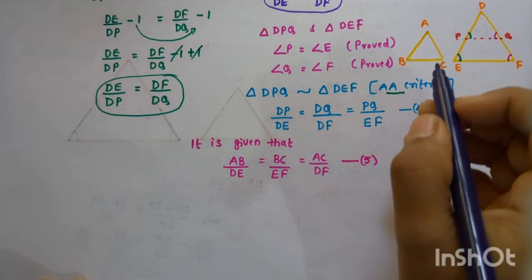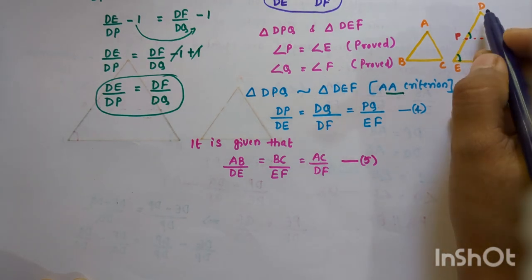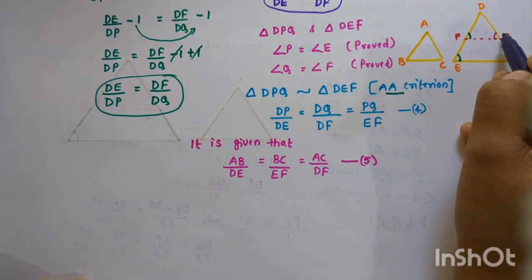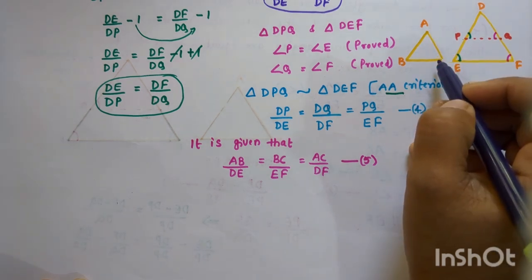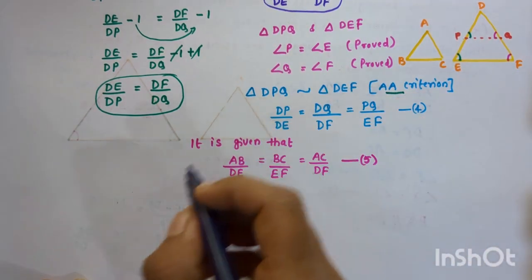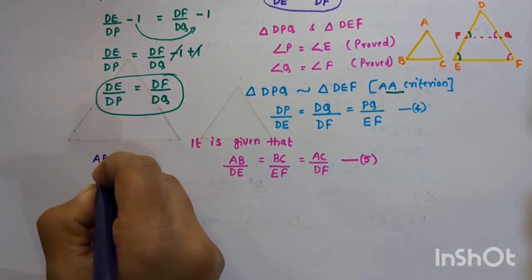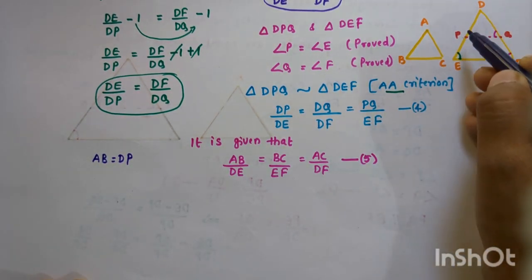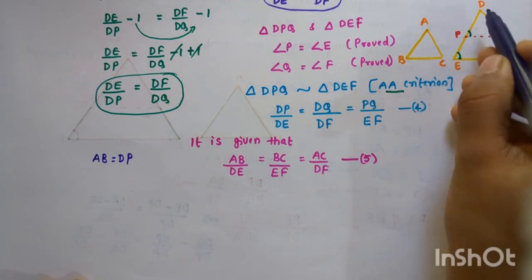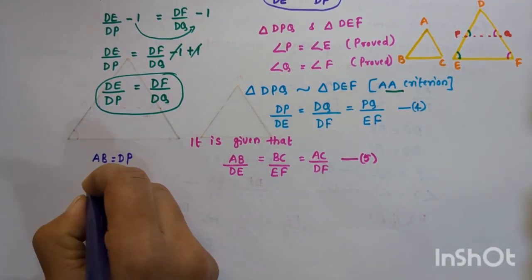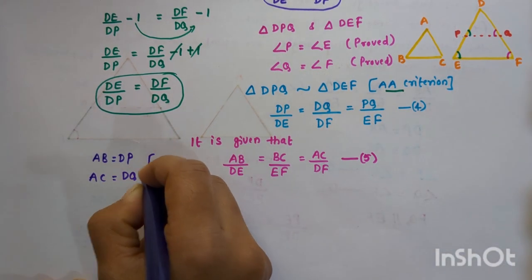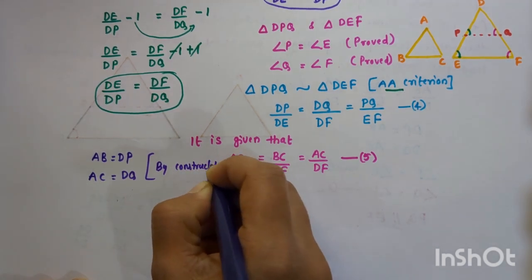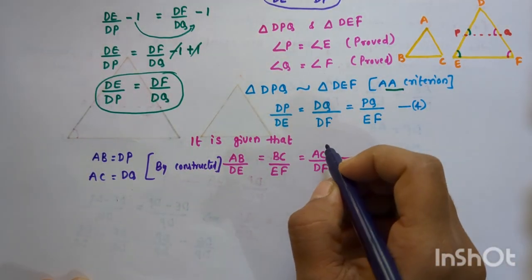Now you see, when we considered this line PQ, we already said that DP is equal to AB and DQ is equal to AC. So by construction we have AB is equal to DP and AC is equal to DQ, because we have constructed the line PQ in that way.